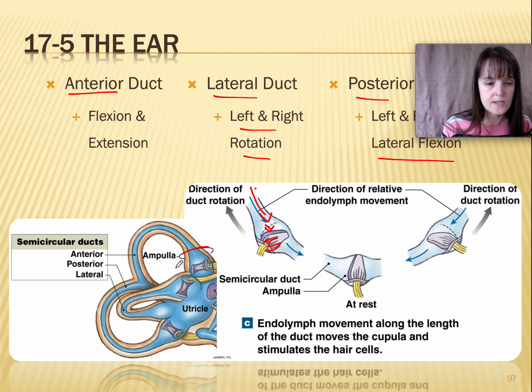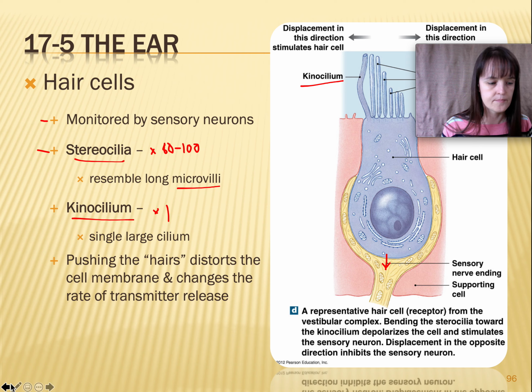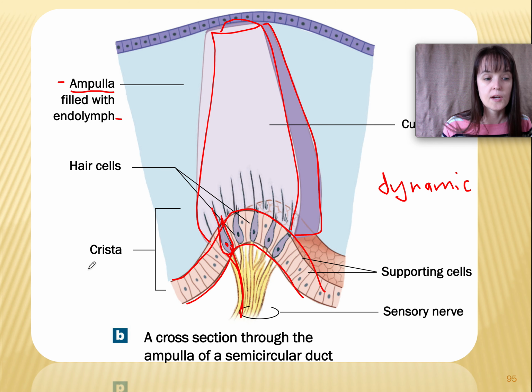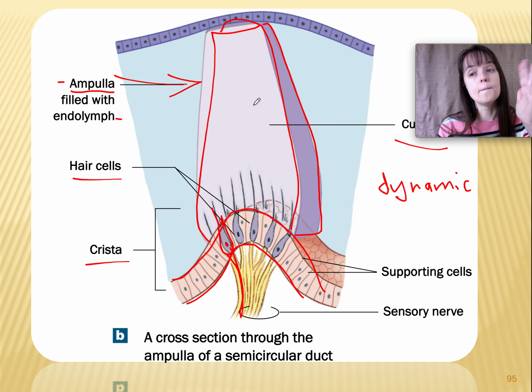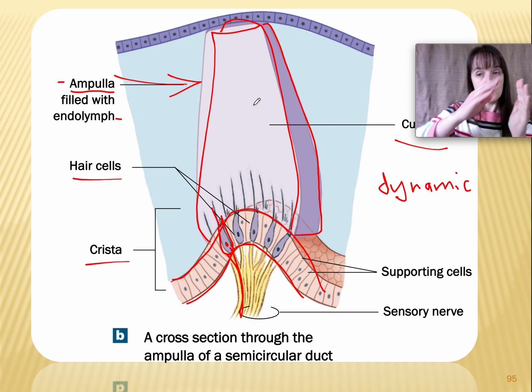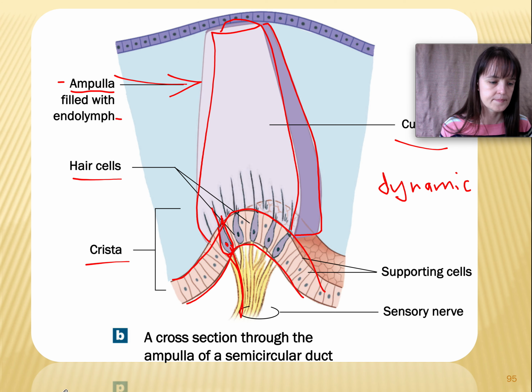So this is dynamic equilibrium, semicircular canals. The swellings are called the ampulla, and in each ampulla is a crista with hair cells. And the hair cells are embedded in the cupula, so that the movement of the endolymph bends the cupula, which bends the hairs of the hair cells.